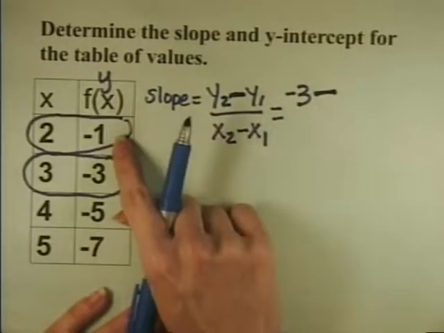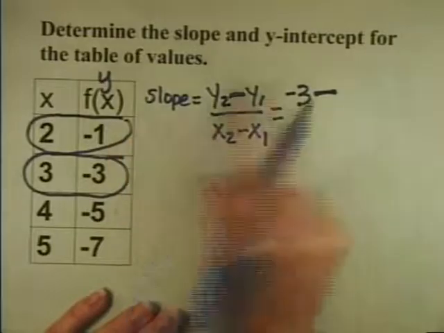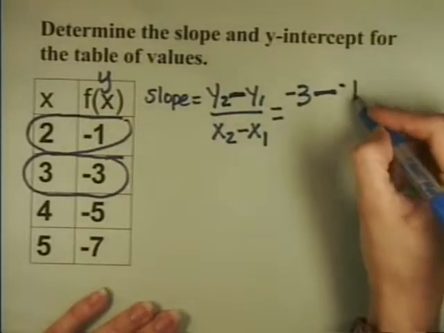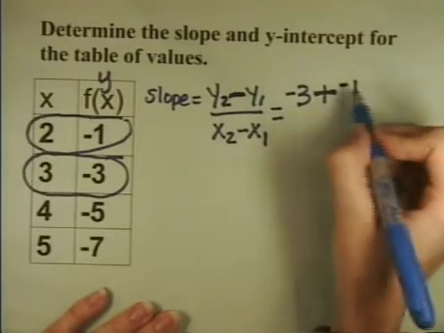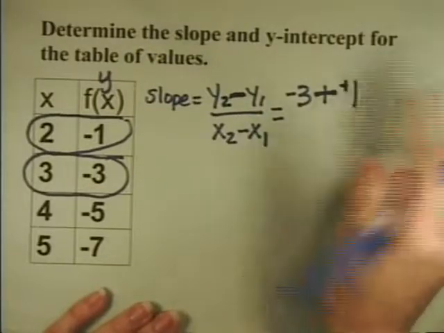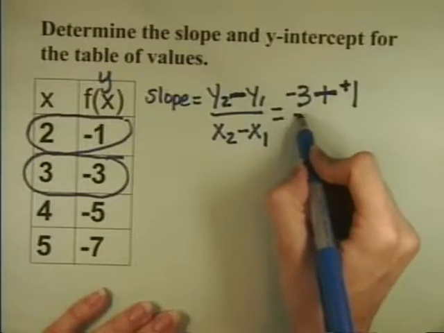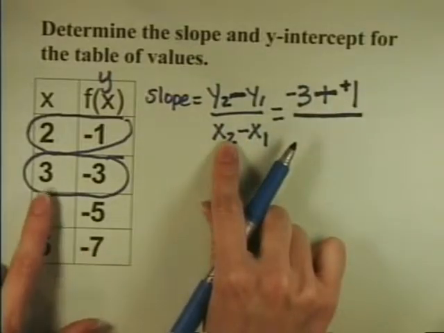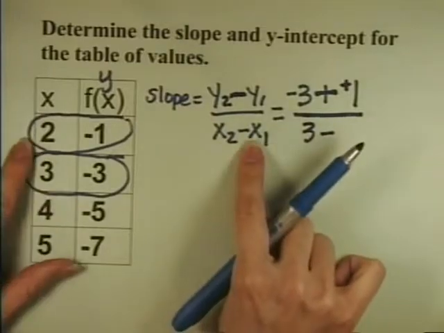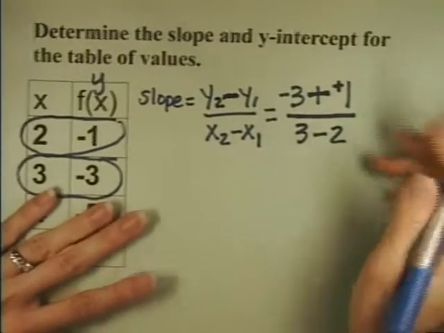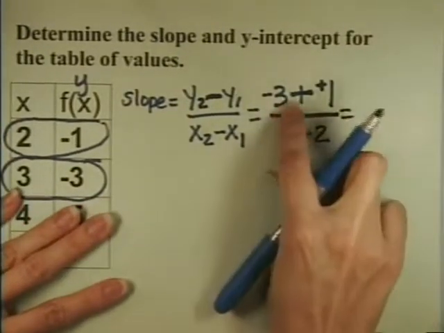But then what's the first y that you chose? Negative 1. So what happens to this minus and this negative? They become positive, because a negative times a negative is a positive. So divided by the second x that you chose, 3, minus the first x that you chose, 2. Okay, here we go. What's -3 plus 1?